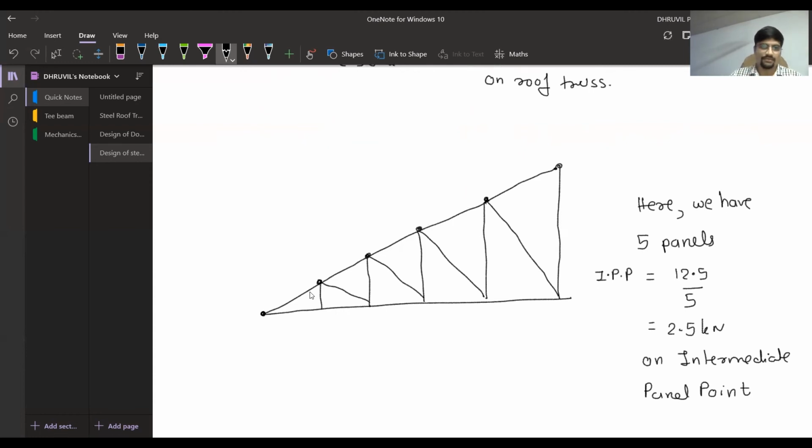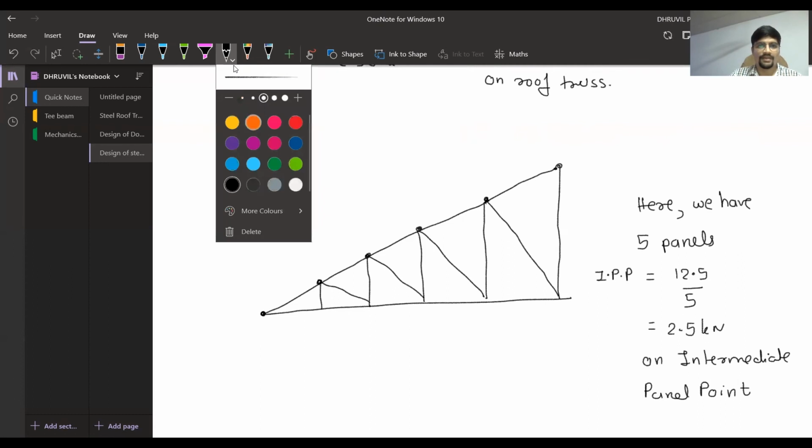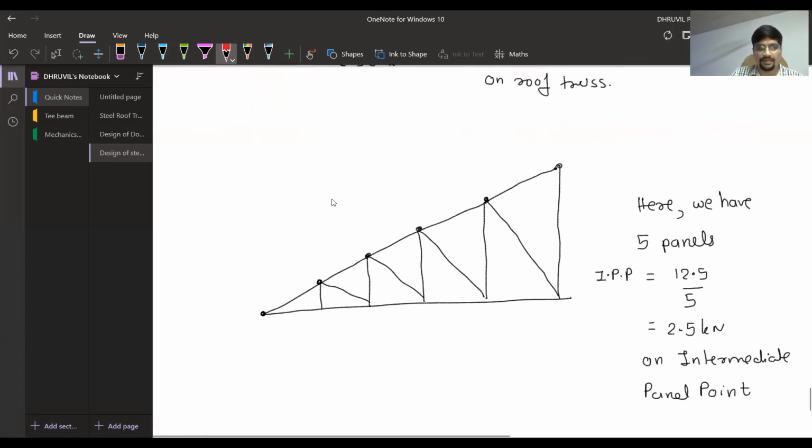So the value on each intermediate panel point will be 2.5, 2.5, 2.5, 2.5, 2.5.